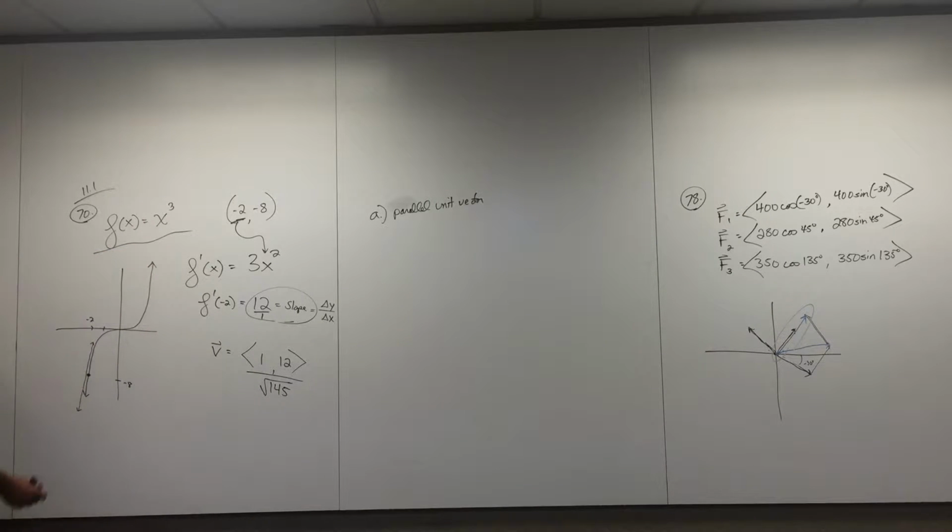That's the answer. If I drew a little vector that went over 1 over the square root of 145, and then up 12 over the square root of 145, that would be a little vector that's 1 unit long. It's a parallel vector.